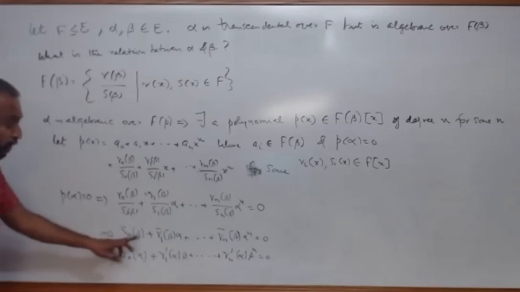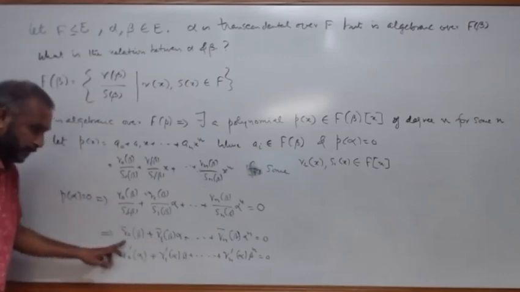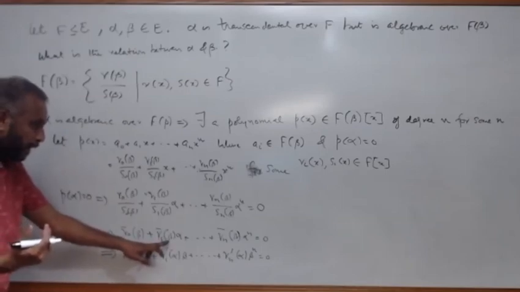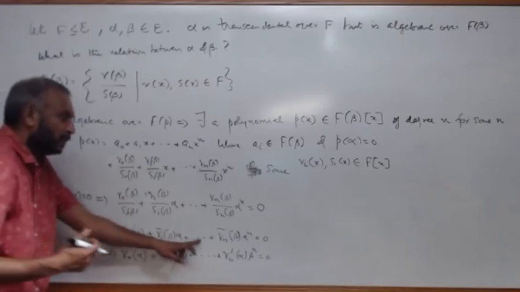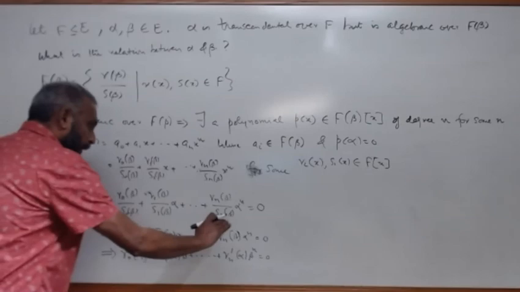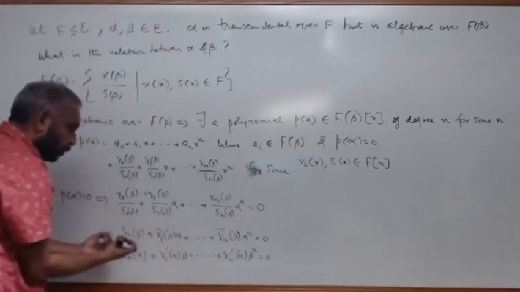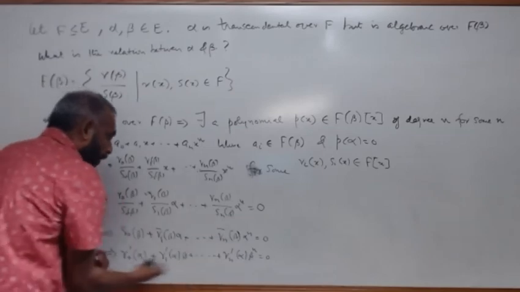Because these are all finite elements, so you expand it and regroup alphas together and make it a polynomial in beta.